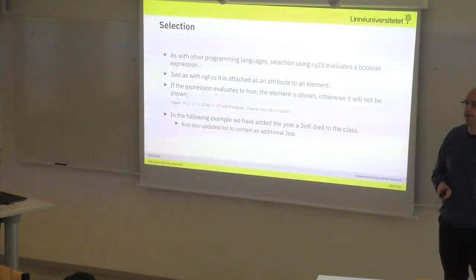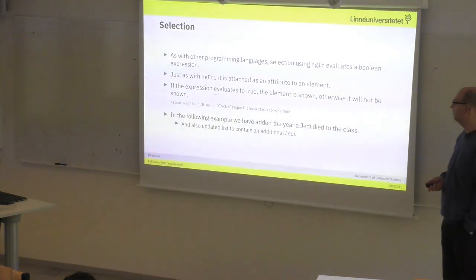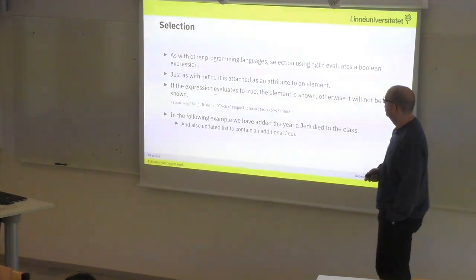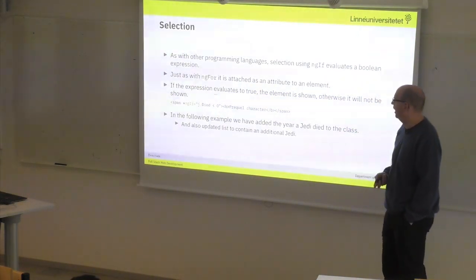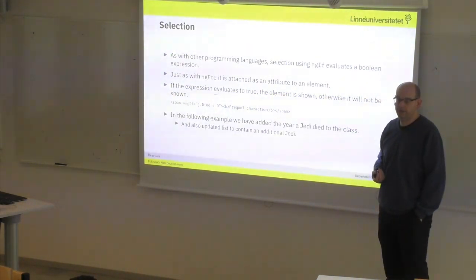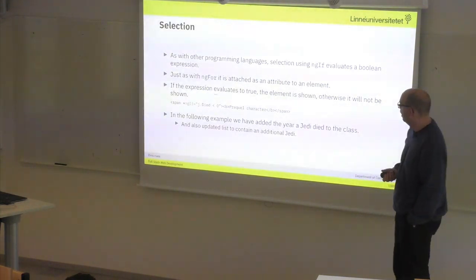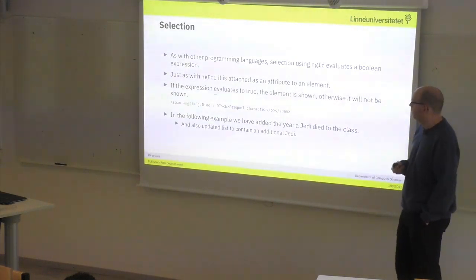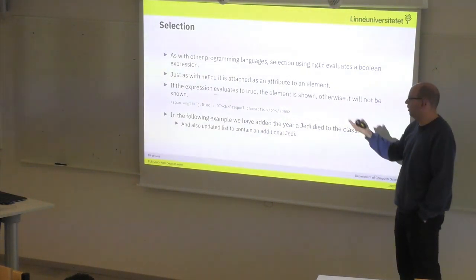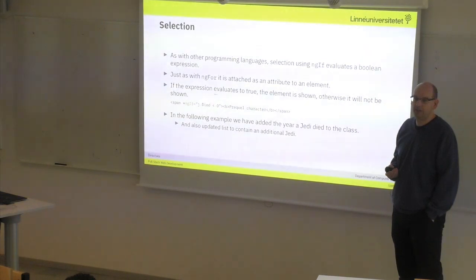We can also make selections, and basic selection is done using ng-if, and it's again just an attribute for the element, and therefore we need to, for example, use it with a span, as we've done here.